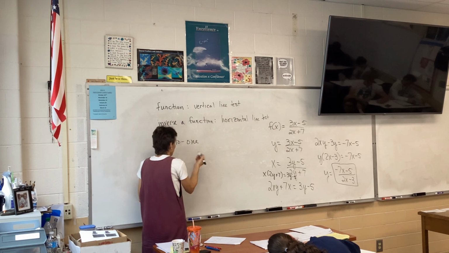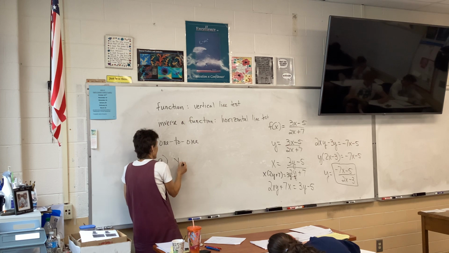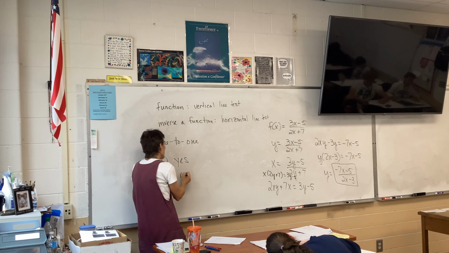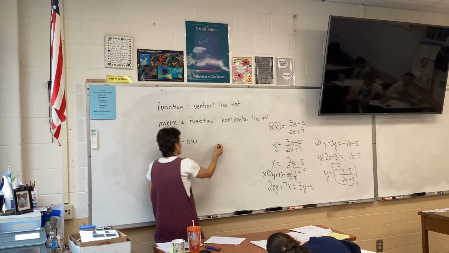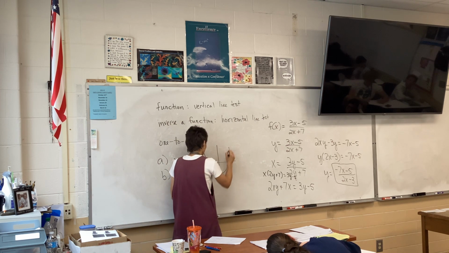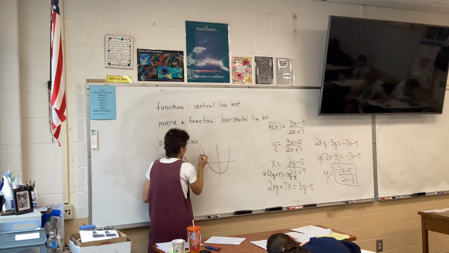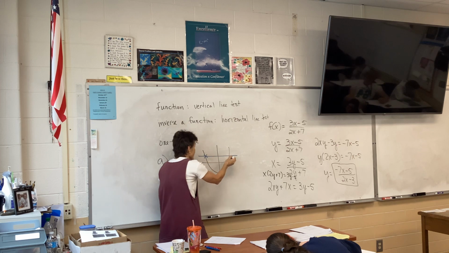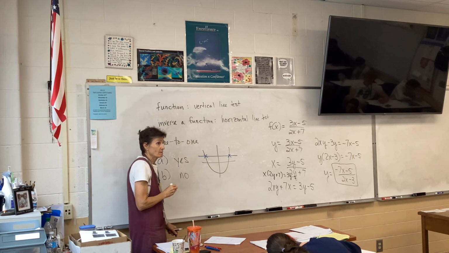So let's just do problem 1 since we're there. It's a yes for the first part, right? Now it's a no for the second part because the picture is a parabola, and when I draw a horizontal line, it crosses it twice.